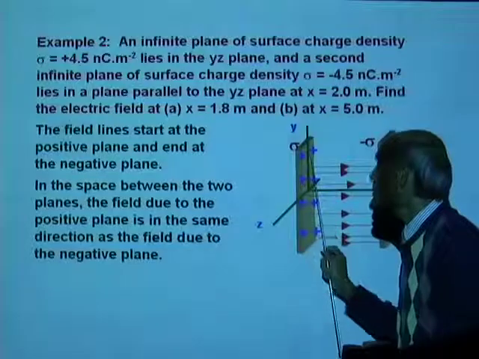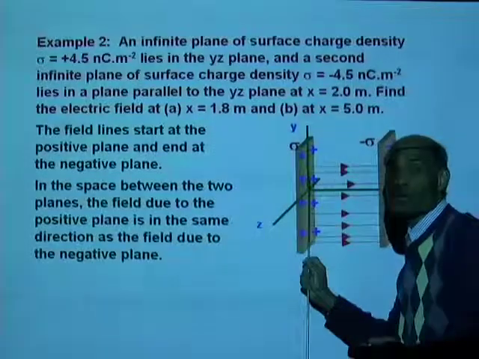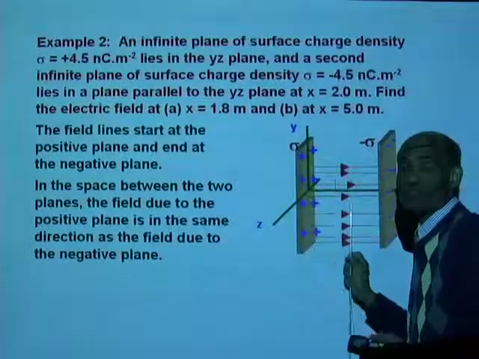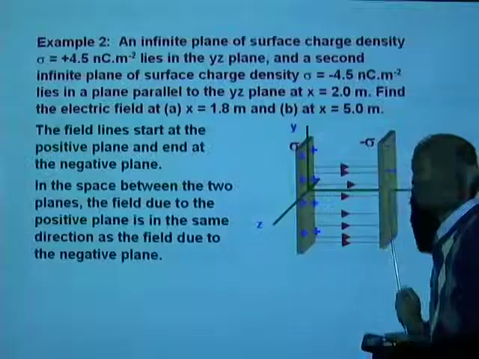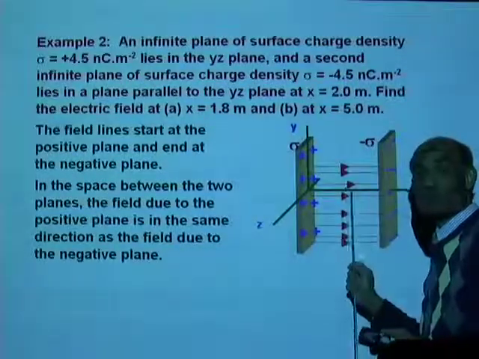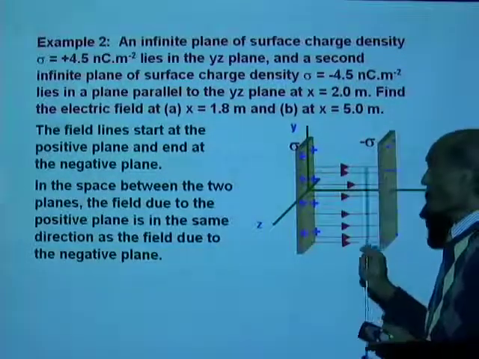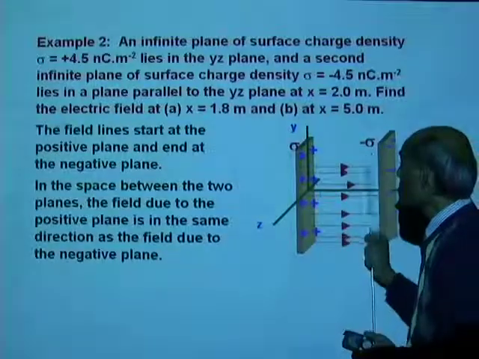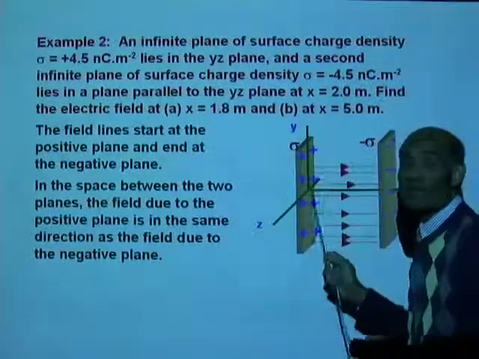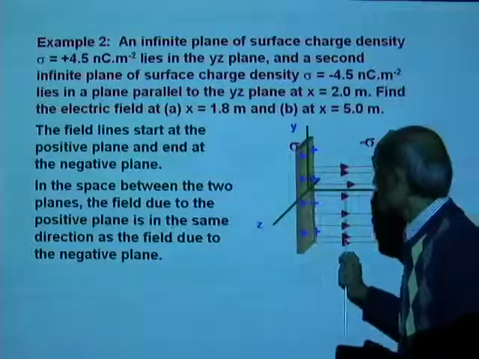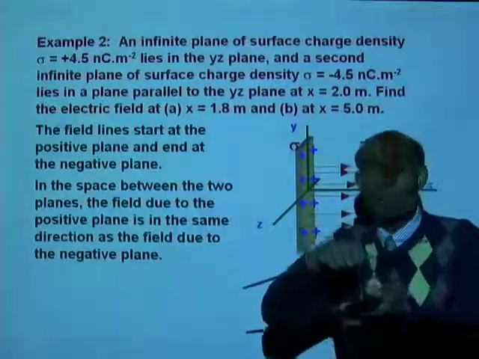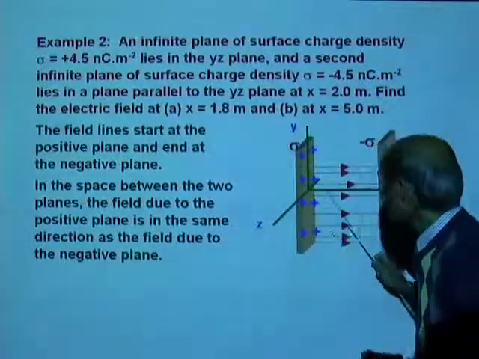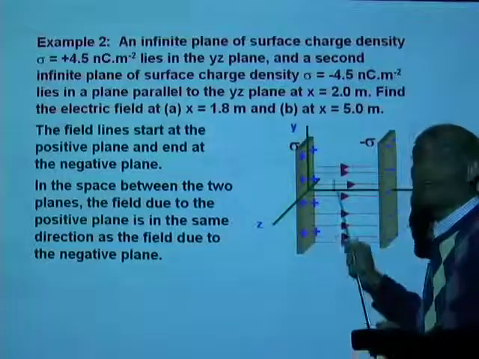The electric field due to the positive charge will be directed away from it, and the electric field due to the negative charges will be directed towards it. And that means the electric field between these two planes will be represented by parallel field lines. The field will be uniform anywhere here.